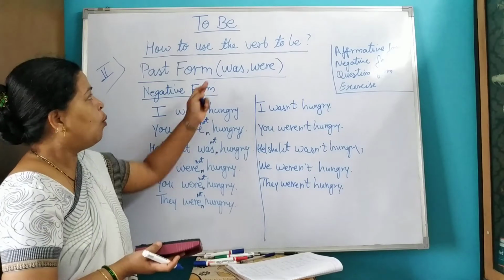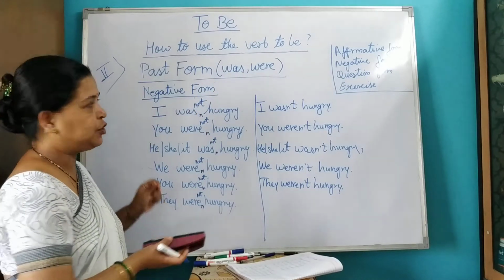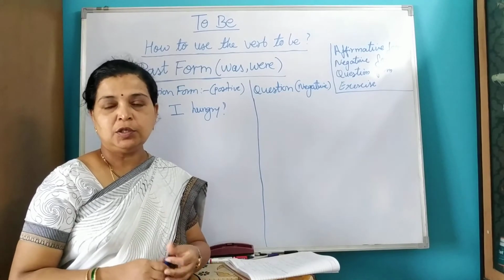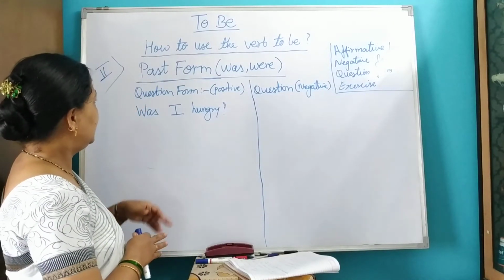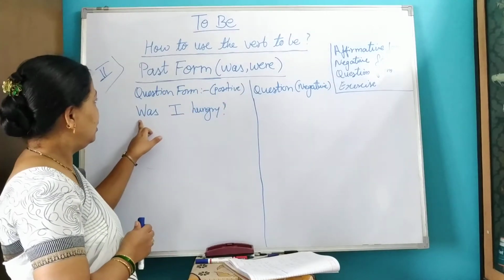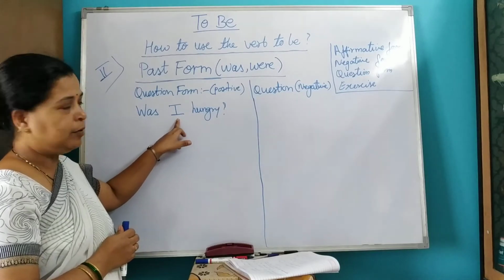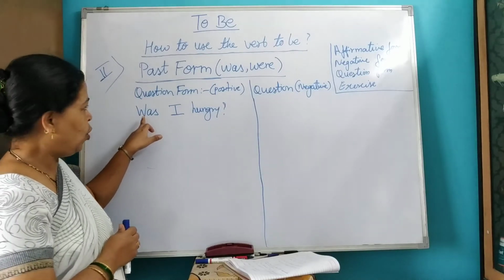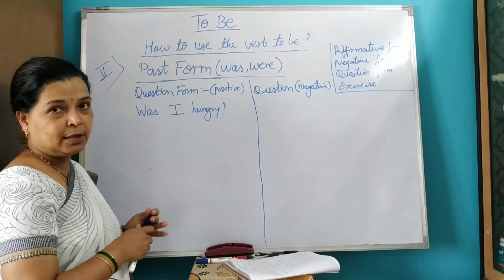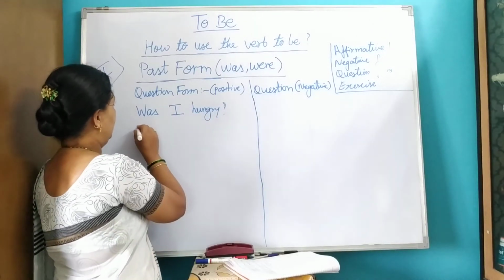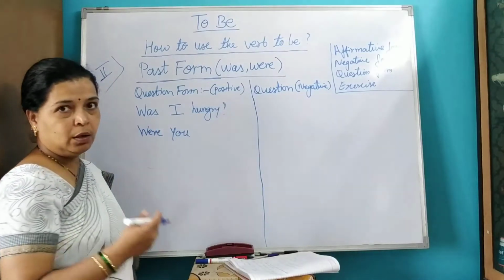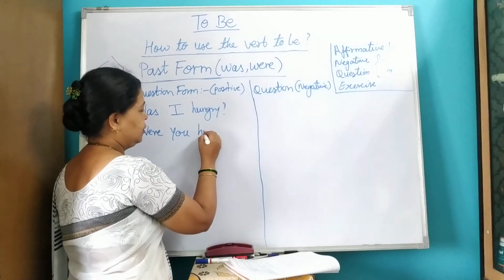Now let's see the question. How to use was, were to form questions. Let's form questions using was, were. Okay. So let's see first the positive questions. First person with I, we use was. So was I hungry? Question mark. Second person, we use were. So were you hungry?